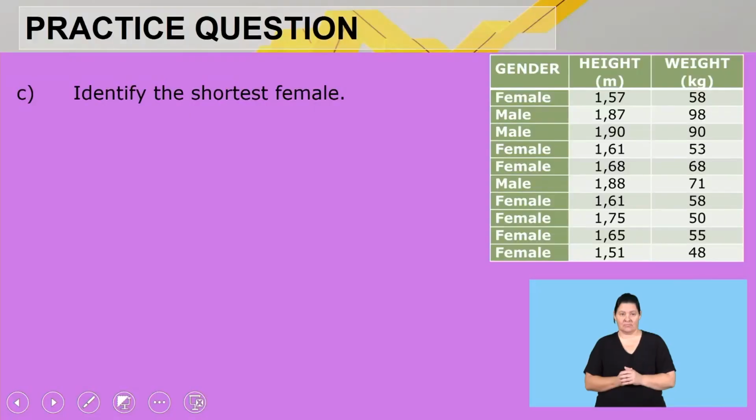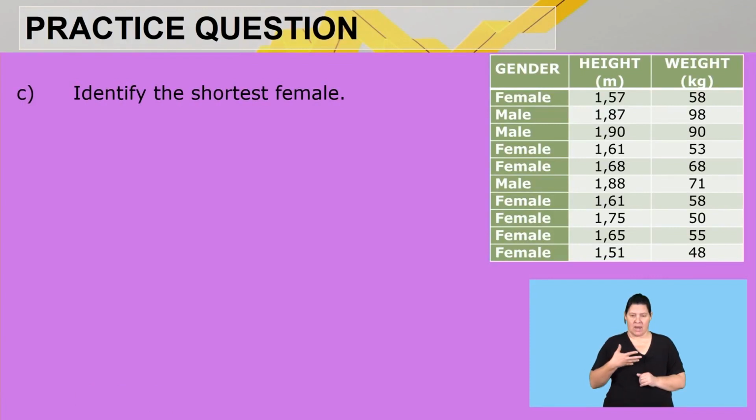All right, let's look at our next question. It says here, question number C, identify the shortest female. Now, shortest, immediately you should know it will refer to our height now. I'm done with my weight. I'm no longer looking at that. What else is important? It must be a female, not a male. Can you see how important it is to work with the correct category?